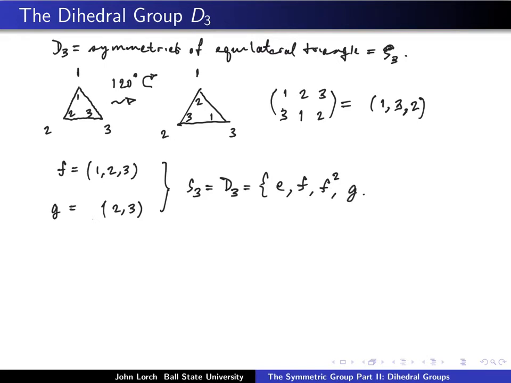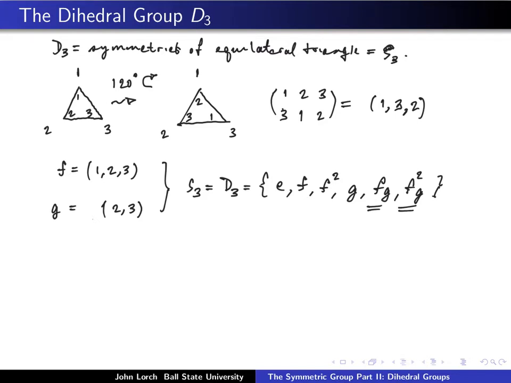And then it's this flip G, and then there are these other things that are in there too, FG and F squared G. So I think it would be a good exercise for you to compute those products explicitly, and make sure that this set really does give us all of S3.